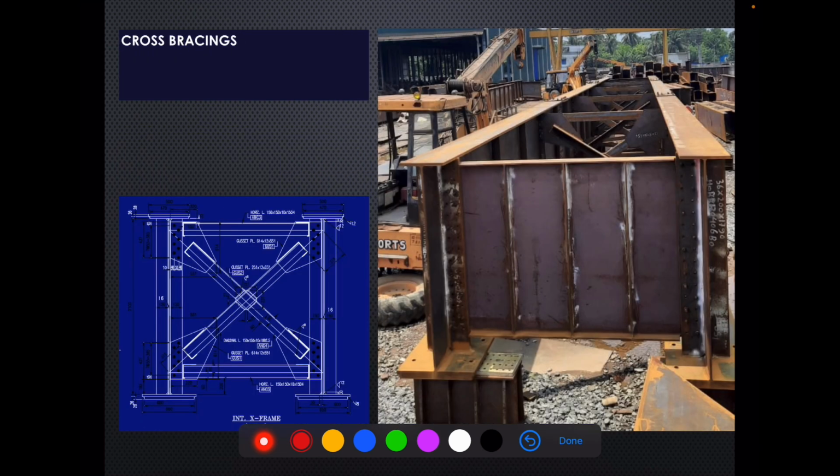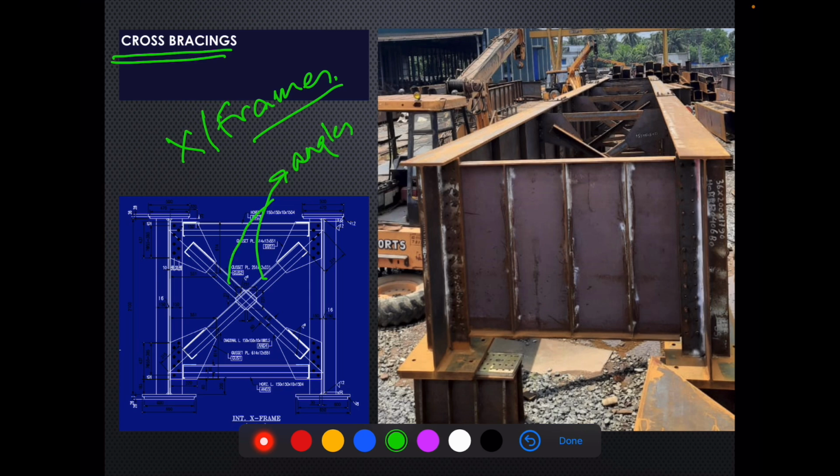Now let's move on to cross bracings, or we can say cross frames. This is how the cross frame is provided. The cross frame is made up of two members, and these are made up of angles.